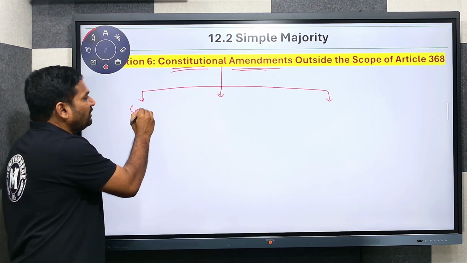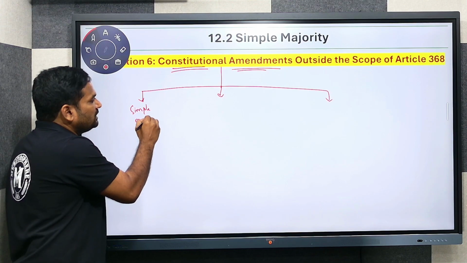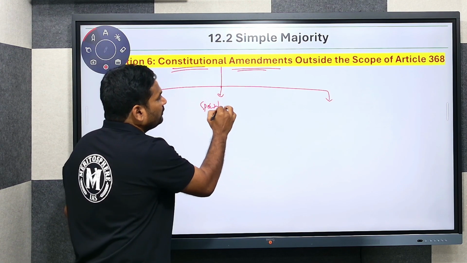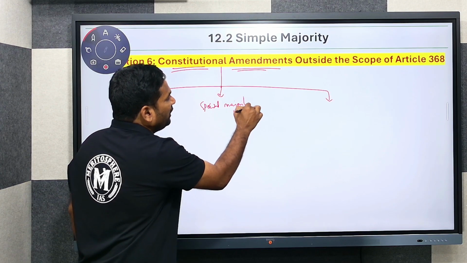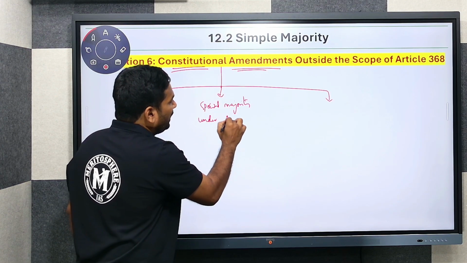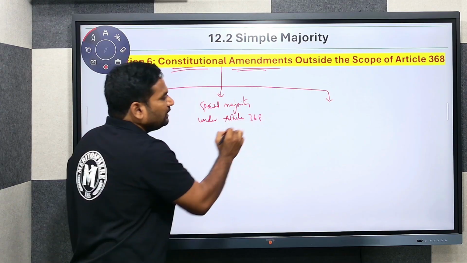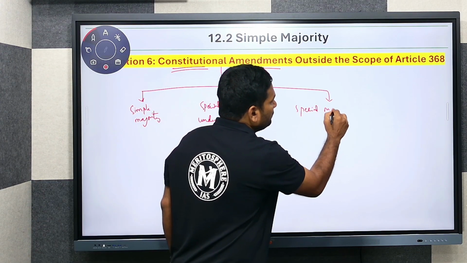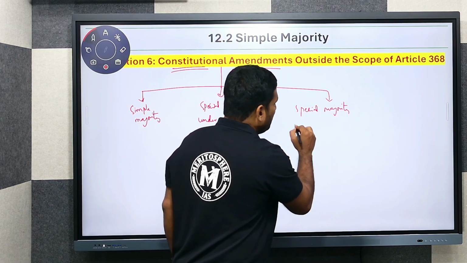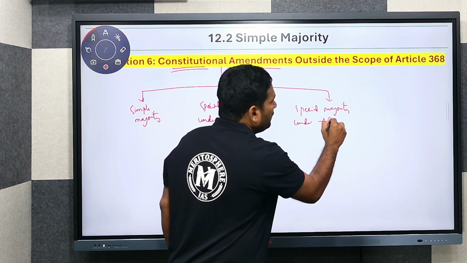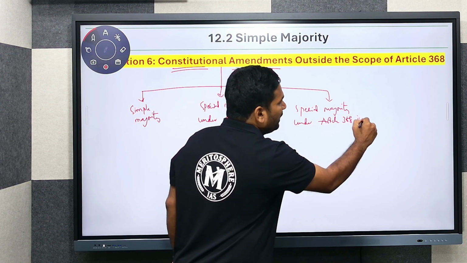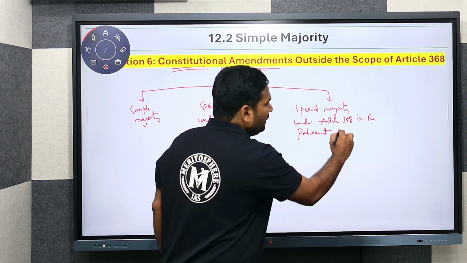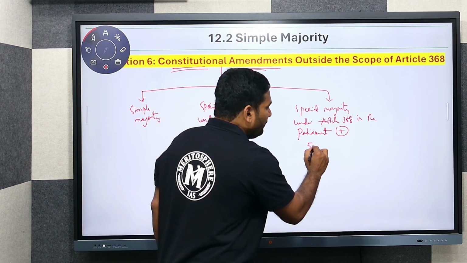They are simple majority, special majority under Article 368, and also special majority under Article 368 in the Parliament plus 50% of the states' consent.